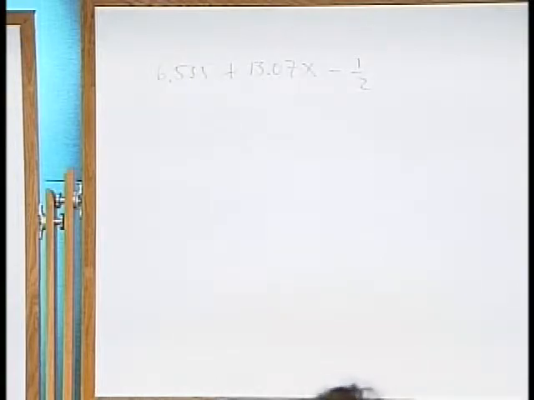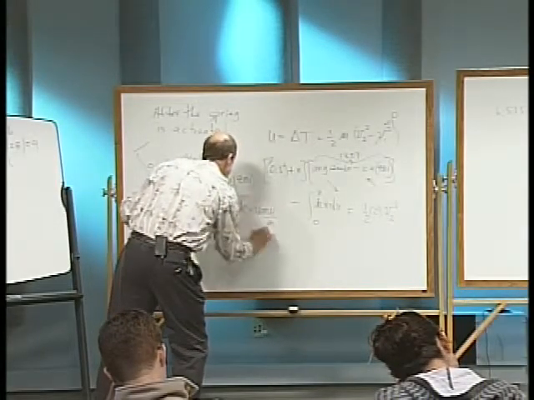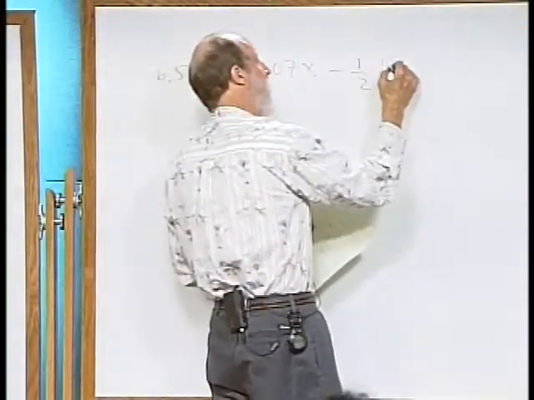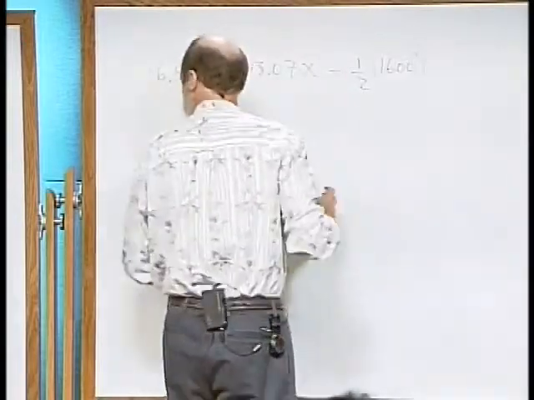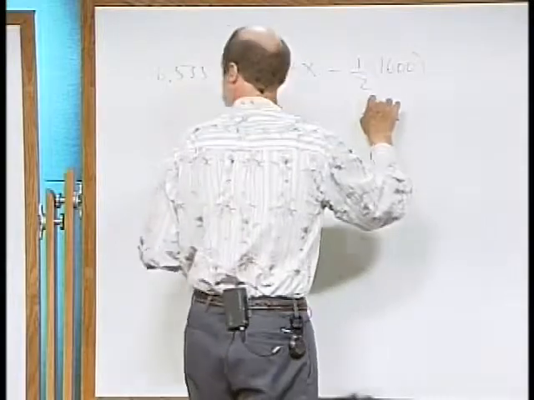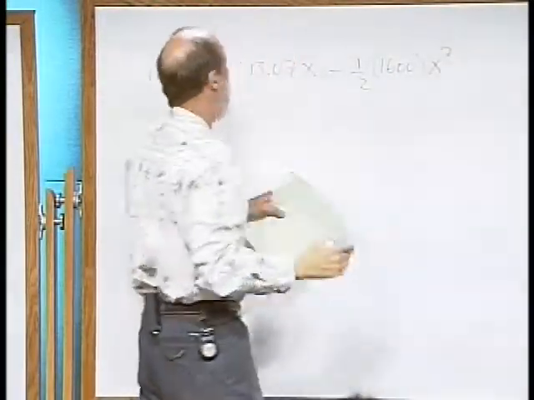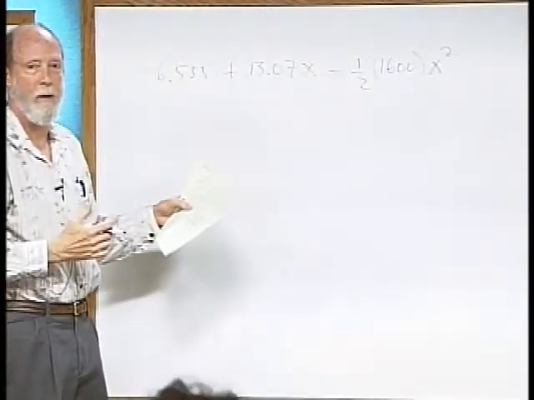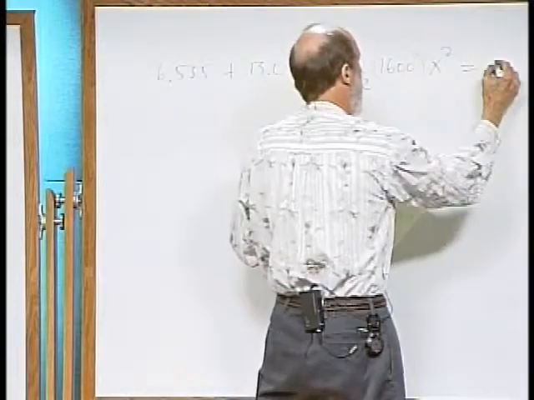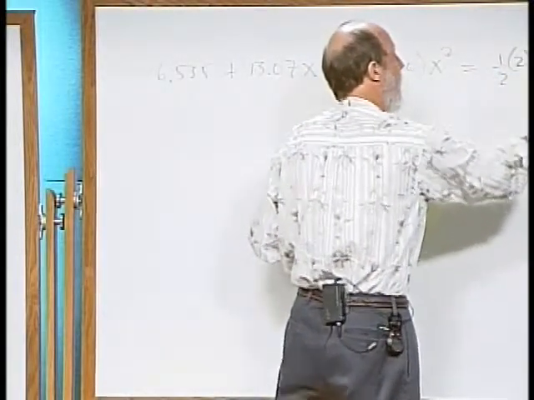Spring stiffness was 1,600 newtons per meter. And then we're going to get x squared over 2 there. Actually, the half is already pulled out here. So that becomes a quadratic term. That quadratic expression is equal to 1/2 times the 2 times the v2 squared.